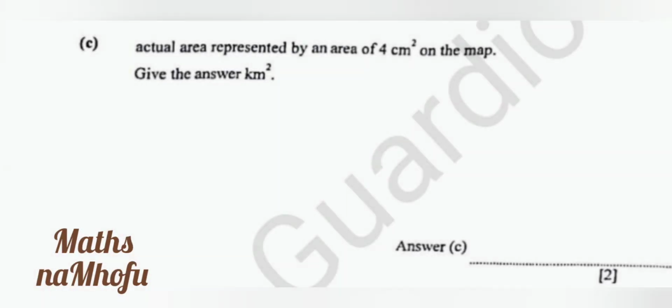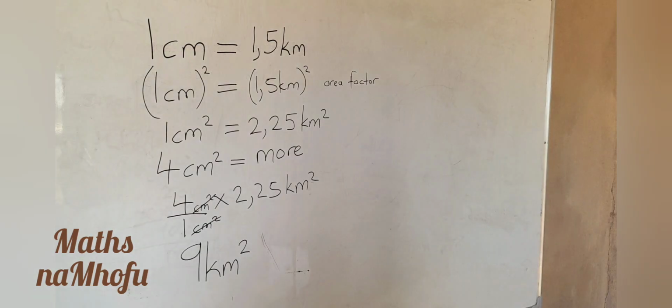Find the actual area represented by an area of 4 square centimeters on the map. Give the answer in square kilometers. This is very simple and straightforward. Since we already have the length factor, we're going to find the area factor, and we find the area factor by squaring both sides. When we square both sides, we end up with 1 square centimeter equivalent to 2.25 square kilometers.